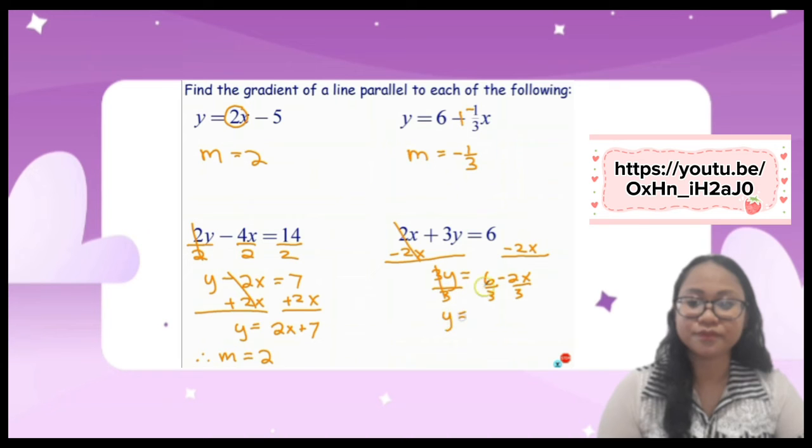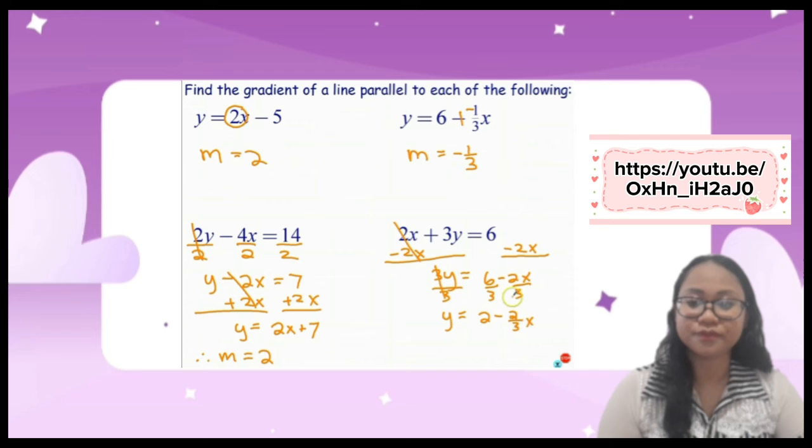And there's the equation. Y equals 6 divided by 3 is 2, minus, and I'm going to write that as 2/3 x. That's not very neat. Let me see if I can improve on that. 2 minus 2/3 x.